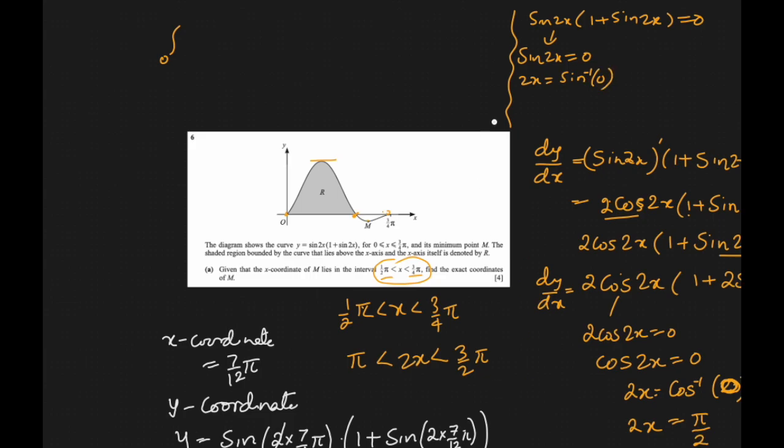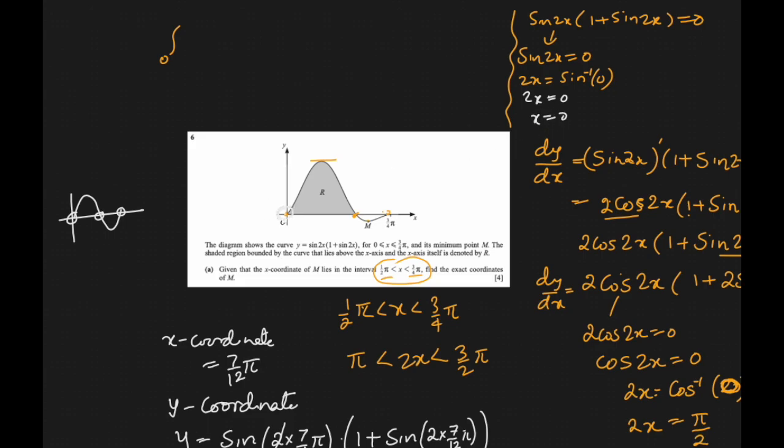Now for sine inverse 0, let me draw the graph of sine. A pure sine graph is like this. At 0 it is 0, at pi it is 0, and at 2 pi it is 0, right? So I can place those 3 here. Let's say 2x equal to 0, the first answer, so x equal to 0 becomes our first x coordinate.